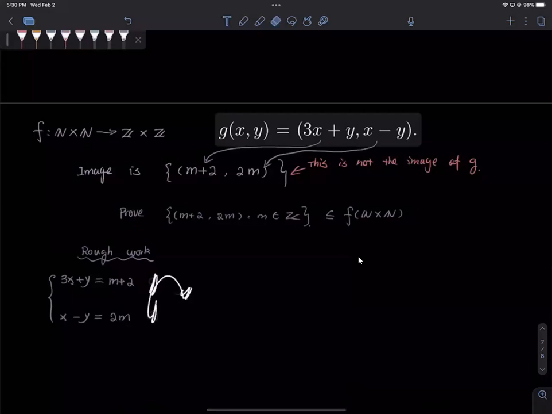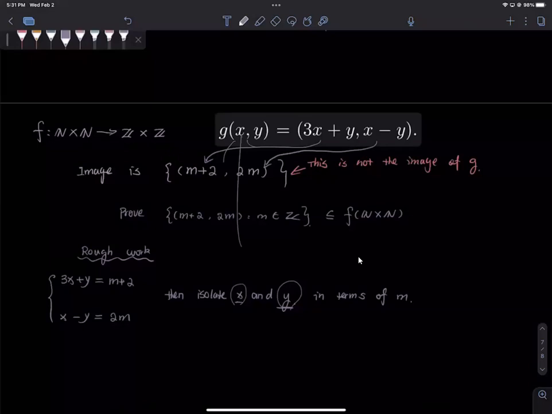I'm just gonna say isolate x and y. Then whenever you isolate it, the x and y are in terms of m. The x and y in terms of m are what you sub into your g.